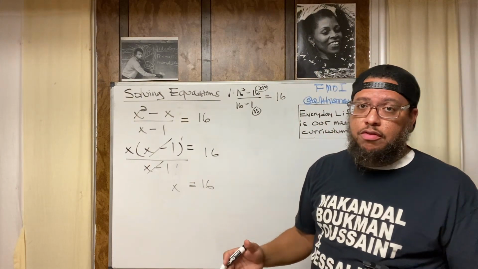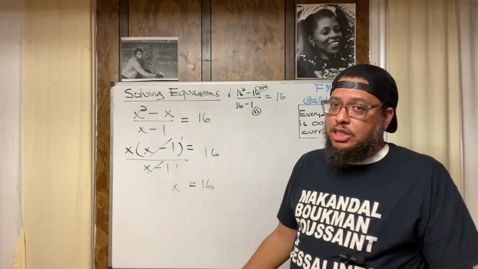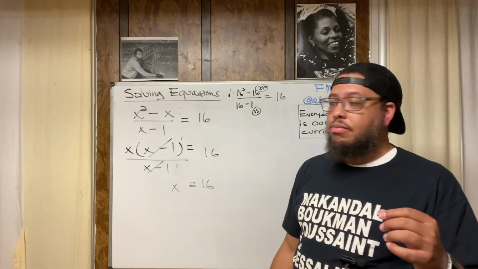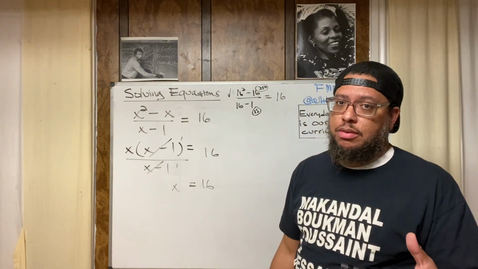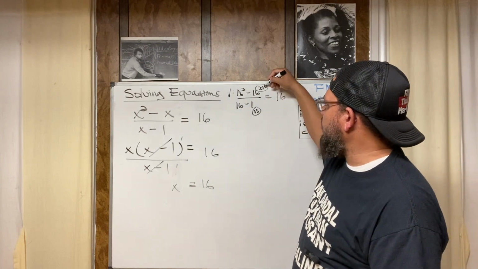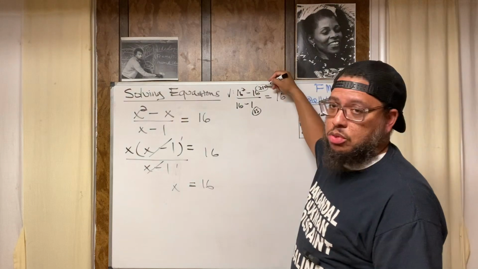Or you could do mental math if you know a little bit about the multiples of 15, like if you know your 15 multiplication facts. If you do, you know that 15 times 15 is equal to 225. And then you ask yourself, how far away from 240 is 225? I know that 225 plus 15 equals 240.